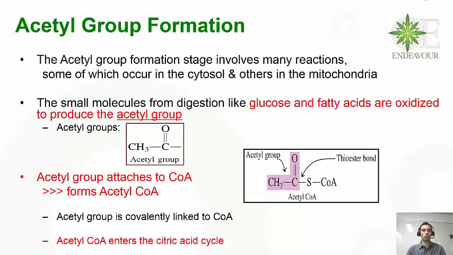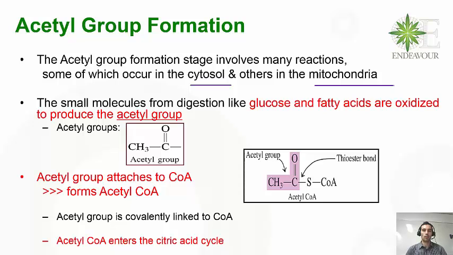So our acetyl group is actually formed within many metabolic reactions, and some of these will occur in the cytosol of the cell and others in the mitochondria. So depending on what is actually being broken down, these reactions will be performed in different parts of the cell.